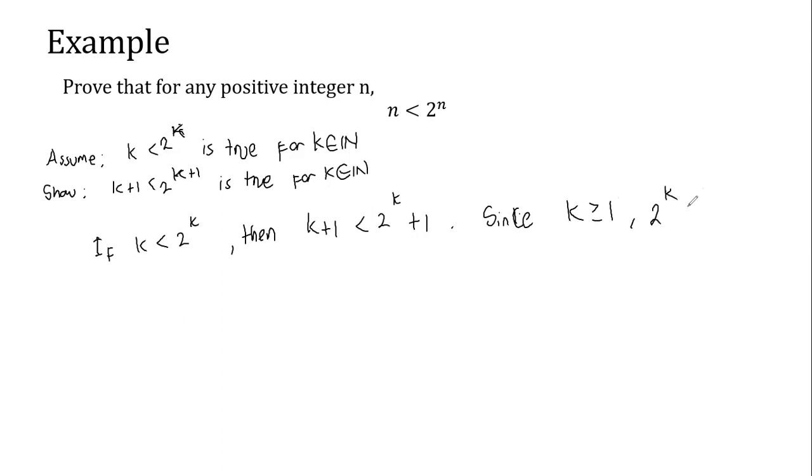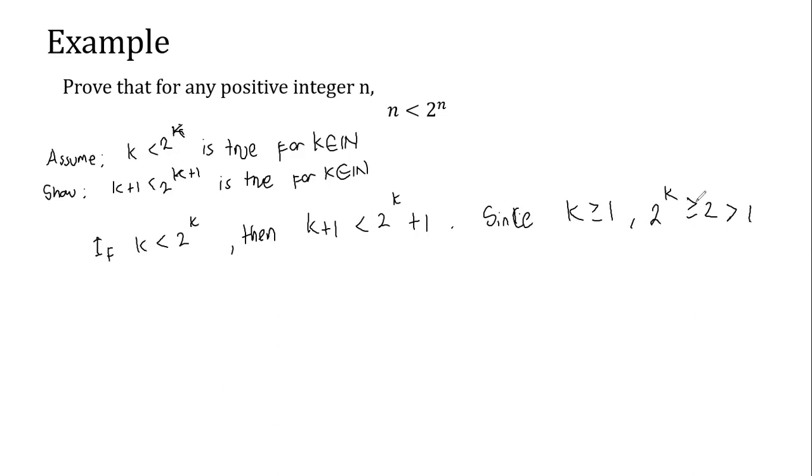This may be greater than or equal to 2. Okay? Kasi if it is 1, pwede maging 1 si k, then we have 2 raised to 1 equals sa 2 from our verification. And then, if it is greater than 1, then mas malaki itong 2 raised to k kay 2. Okay, and obviously, this is greater than also 1.